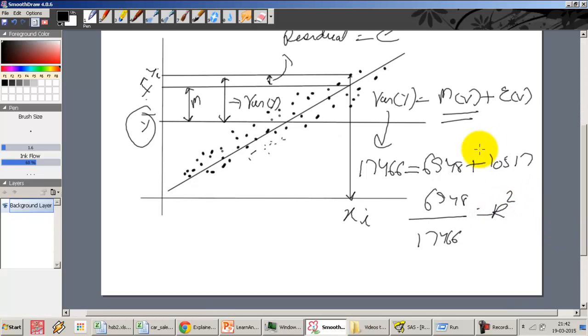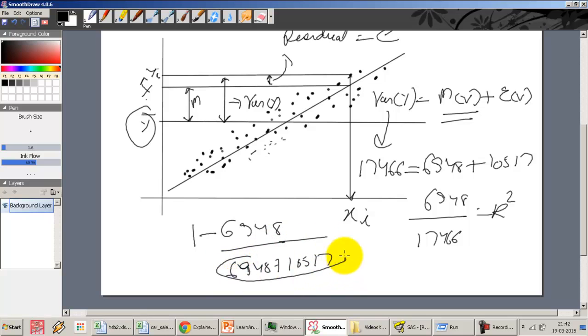Or the other way: since I know 6948 plus 10517 is the same thing, I can take 6948 divided by 6948 plus 10517, which is the total variance that needs to be explained. This is the variance explained by the model, plus the variance of the error term left over, and the total variance explained by the model alone. So this gives me the R square.